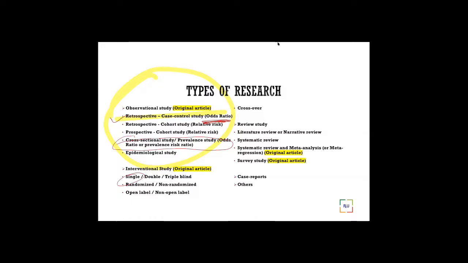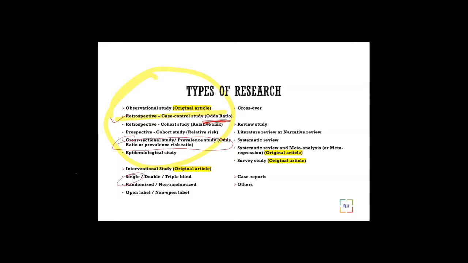In triple blind studies, even the biostatistician who is analyzing the data is not aware of which is the intervention and which is the placebo group. This basically reduces the chances of biases. It's a whole different topic.